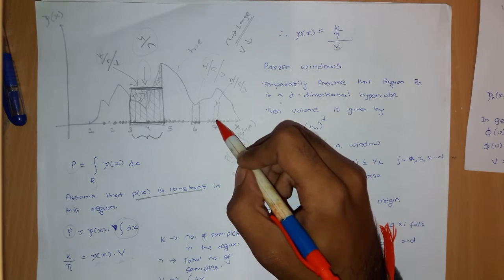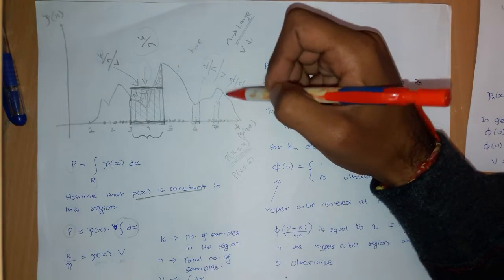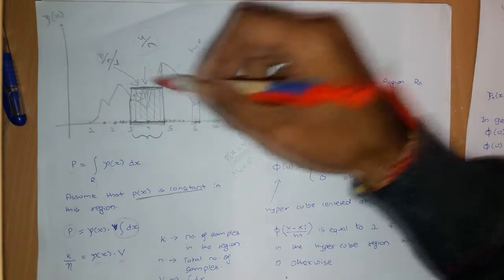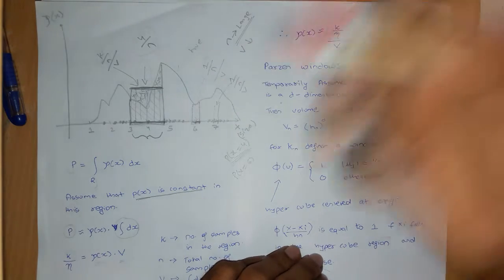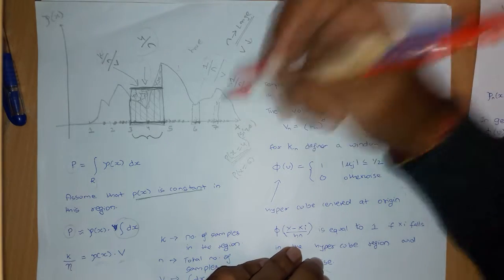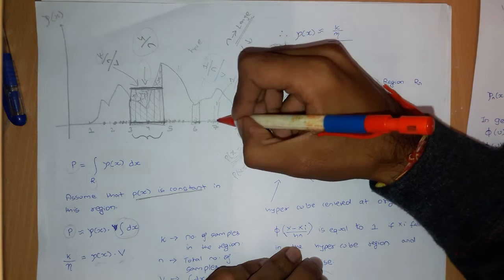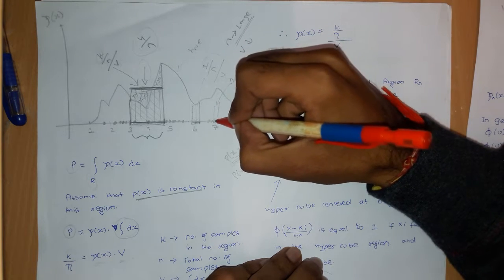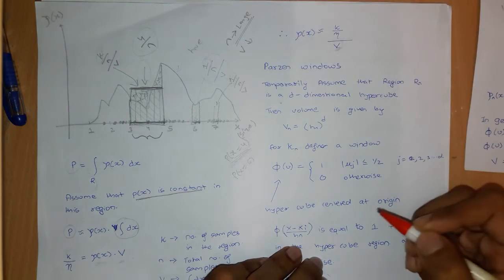If there are a lot of samples, and all these samples come from this distribution, the true distribution of the probability, the likelihood, then there will be many samples over here and I can get a good estimate.